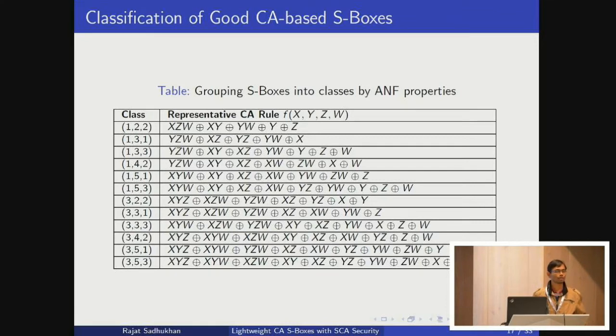But do you consider the uniformity only for one single bit of the S box output, or for all of the outputs? Because you cannot just consider one part of the S box output and say this is uniform, and then say that if I concatenate the other uniform output, the result will be uniform. No, we are considering all the outputs.